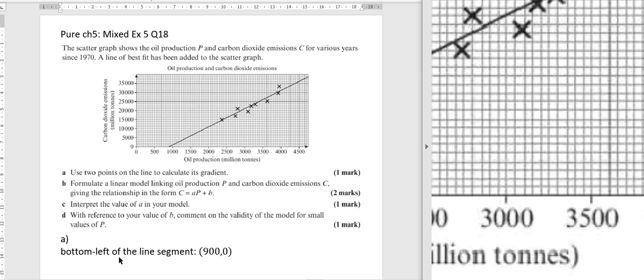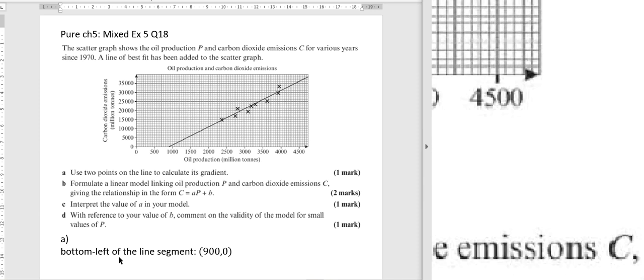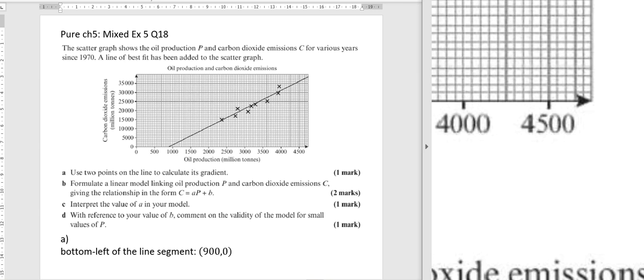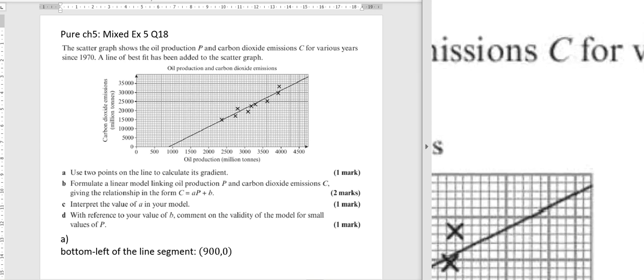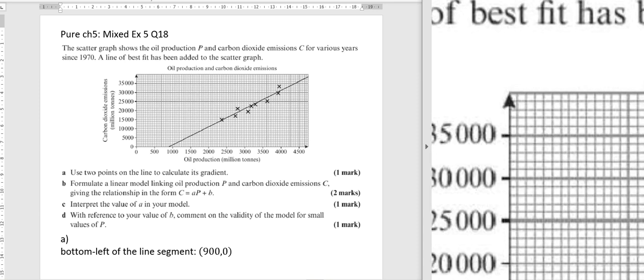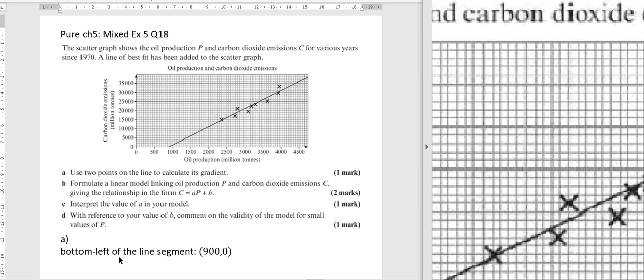Now we can look all the way up at the other end of the line, and we can see that the most extreme end looks like it's going to be 5,000. We are just a couple of squares, or maybe a square and a half, from the top. You don't need to be massively precise about this, but we've got an increase of 1,000 on this scale for each square up.